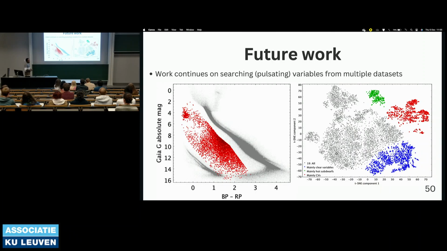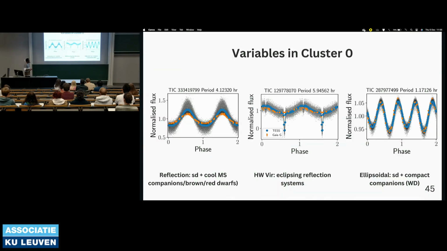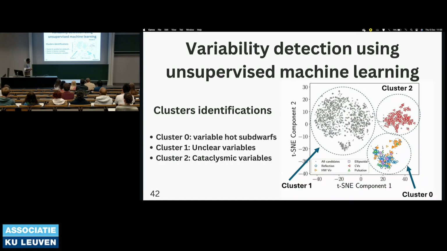So the next step is to explore the features. In the previous one, we only found all of the hot sub variables in this one cluster.